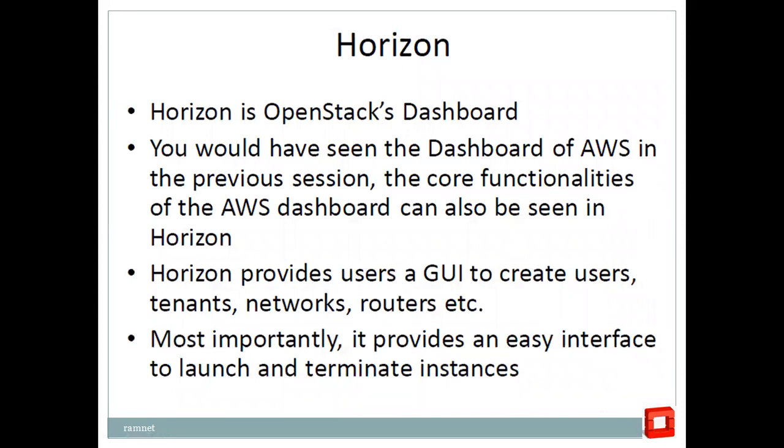Core functionalities of the AWS dashboard can also be seen in Horizon. Horizon provides users a GUI to create the users, tenants, networks, routers, and other things. Most importantly, it provides an easy interface to launch and terminate instances. We can do everything like how we are doing it in the CLI.